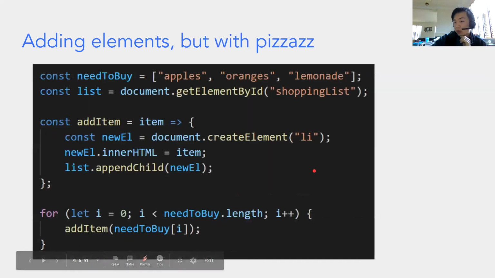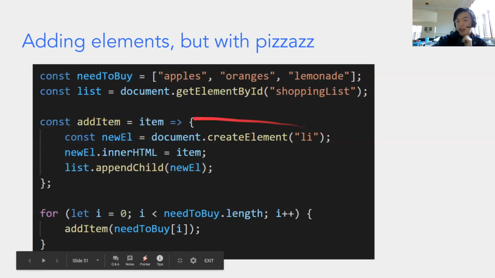We can do something more complicated. This is the same thing as before, but now with more things we want to add. We need to add more things to our shopping list. How can we do this? We can run a for loop. This is going back to what we learned earlier. For every item in this need-to-buy array, we can run some function on it that does all the work for us.